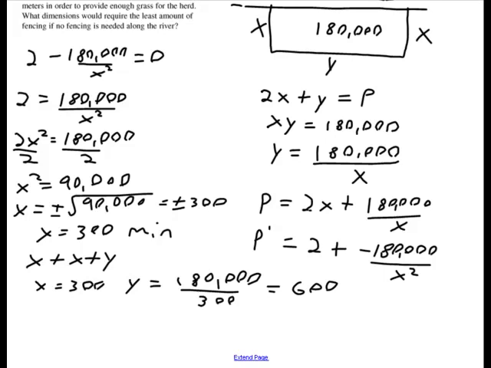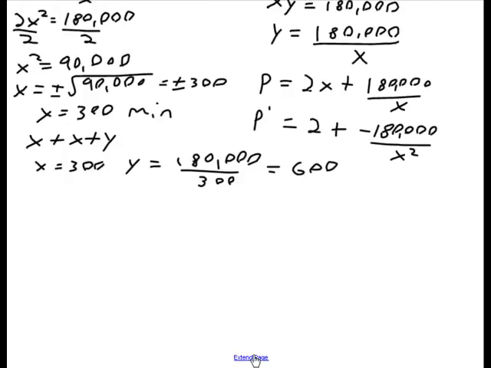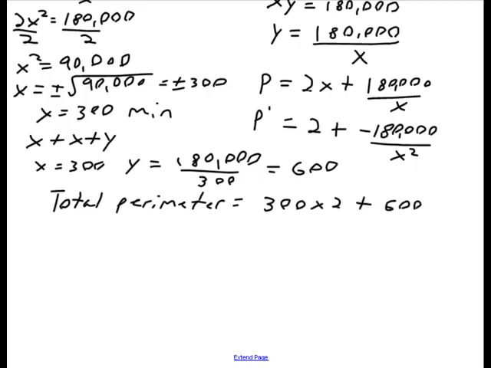So we'll need a total of 1,200 meters. We'll need 300 meters on our 2x directions and 600 in the y direction. So we can say that the total perimeter will equal 300 times 2 plus 600 meters, which is 1,200 meters.